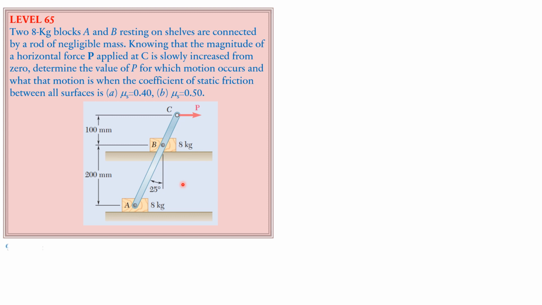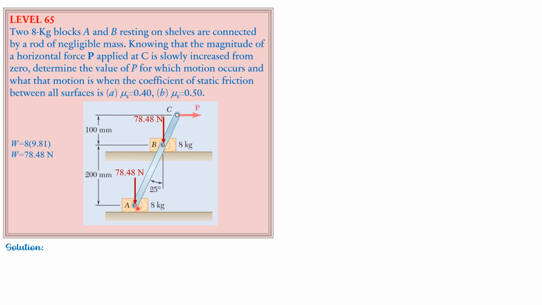So for the solution, let's have this horizontal distance first. Tangent of 25 degrees is delta AB over 200, and the weight, by the way, is 8 kilograms times 9.81. So we have 78.48 newtons applied as shown.